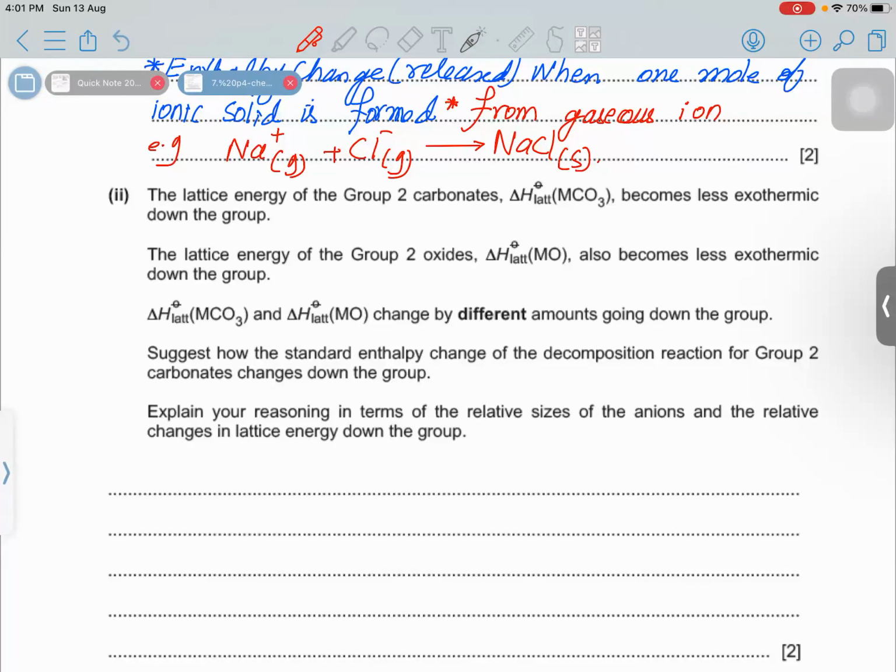As we move down, size of the cation, group 2 cation increases. Polarizing power decreases. Polarizing power means to distort the shape of the anion. Cation has the capability to change the shape of anion.